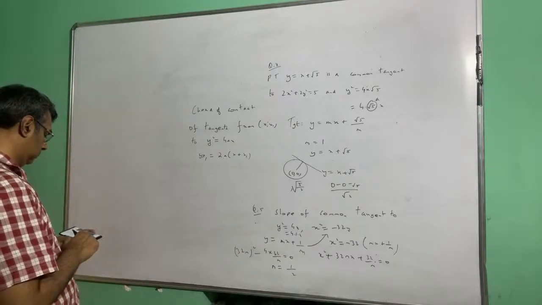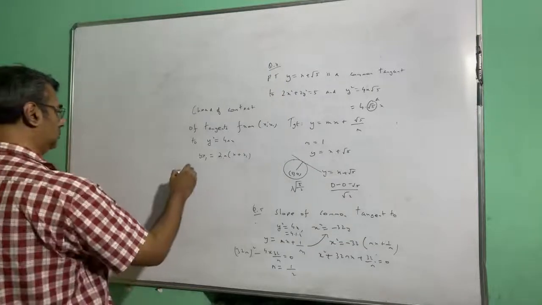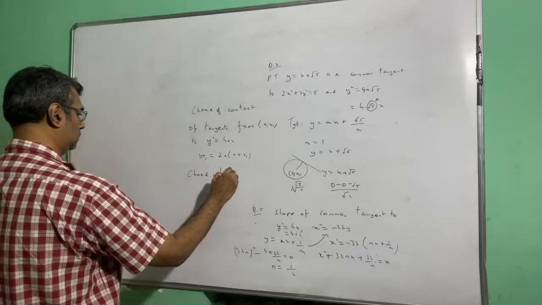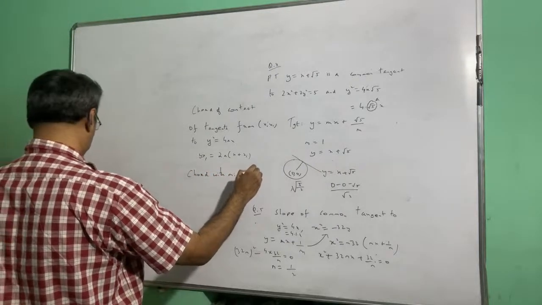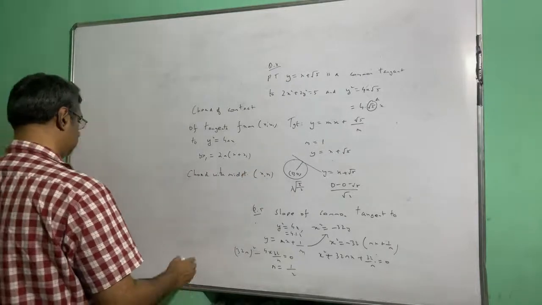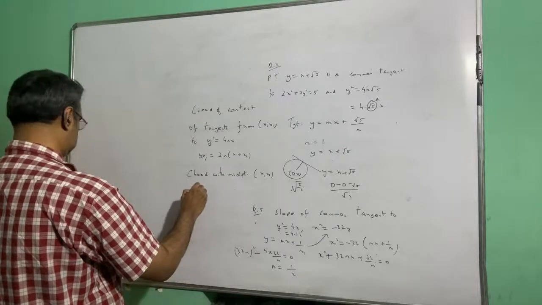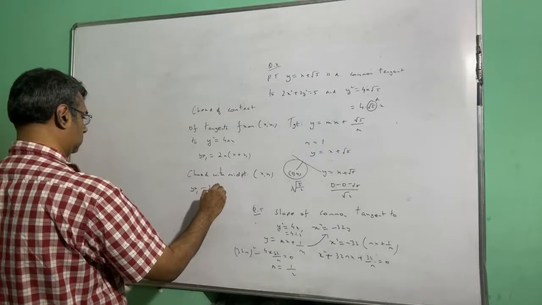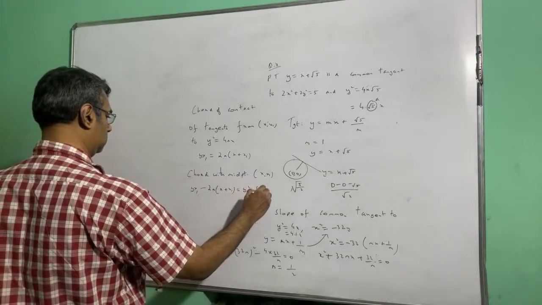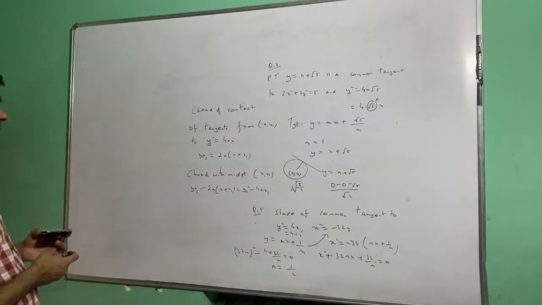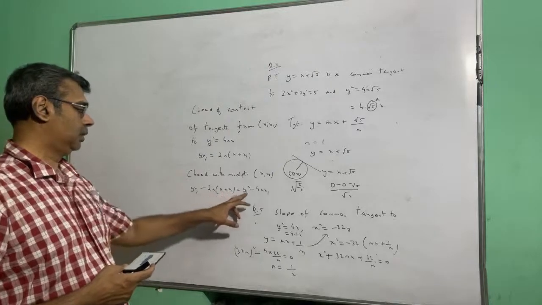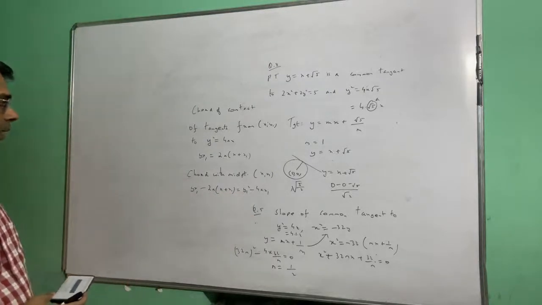And chord with midpoint x1, y1: the answer will be y1 minus 2a into x plus x1 is y1 square minus 4a x1.